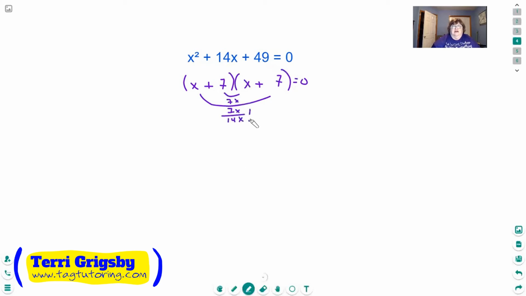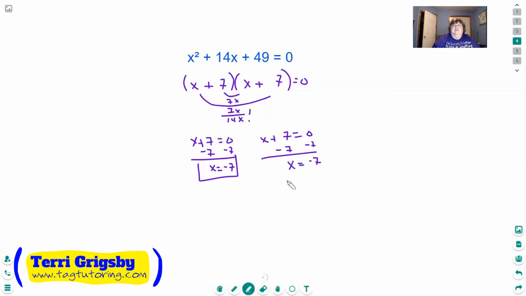Okay, so now I'm going to set the parts to 0 now that it's factored. X plus 7 equals 0, or x plus 7 equals 0. So notice both equations are the same. So when I go to solve them and subtract 7, I'll get x equals negative 7 over here, right? But if I go negative 7 over here, well, I get the exact same answer.